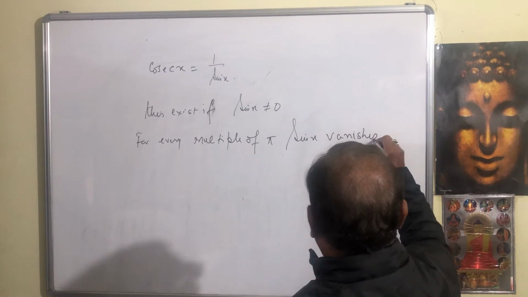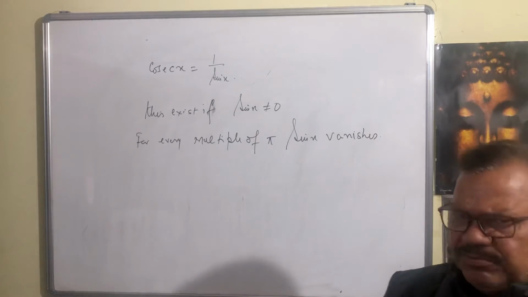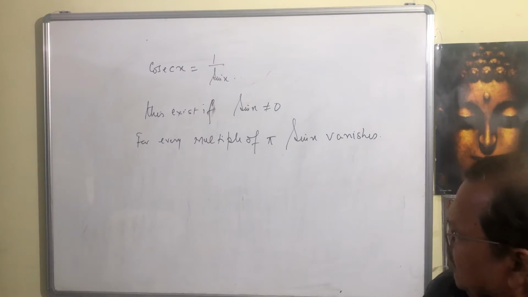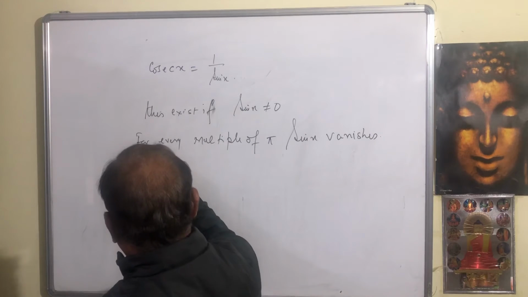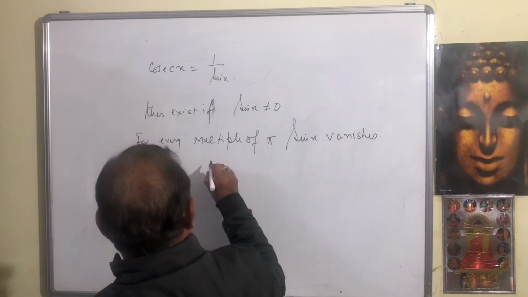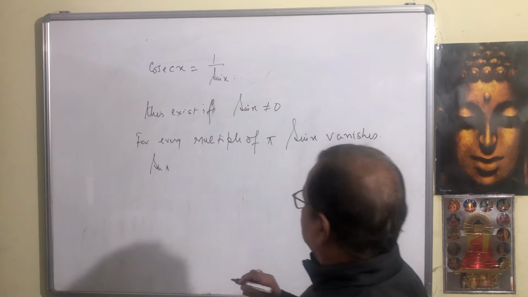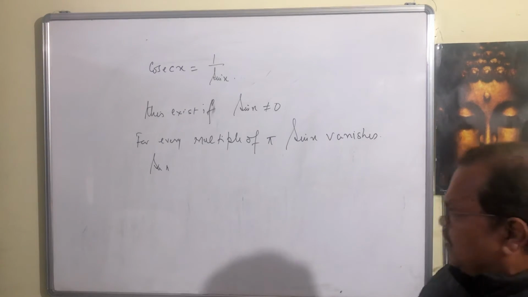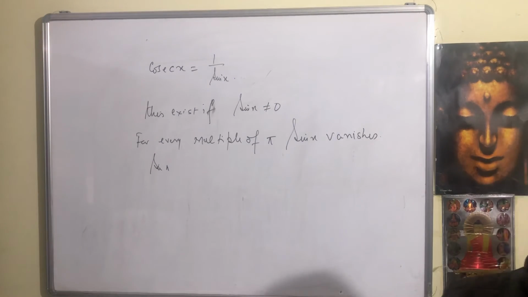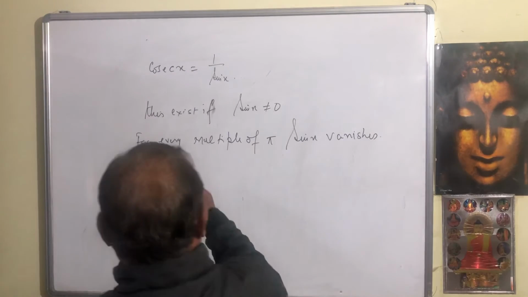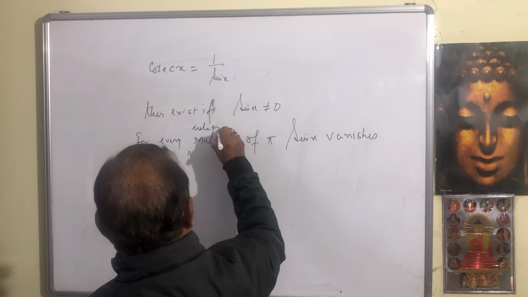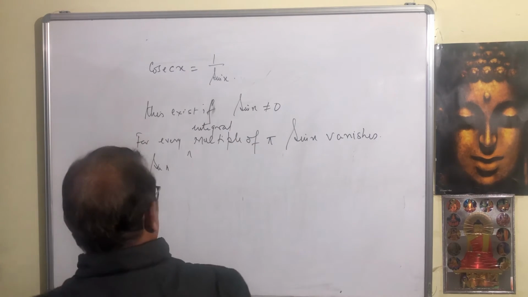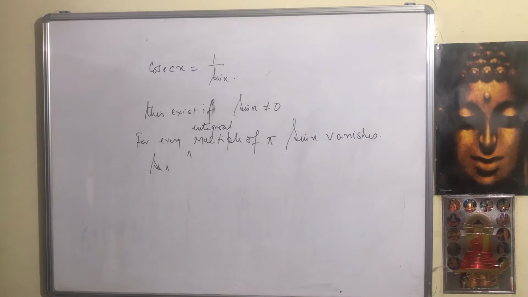These all things we have read in class 11, general values. So for every multiple of pi, sin x vanishes. Sorry, every integral multiple of pi, sin x vanishes.